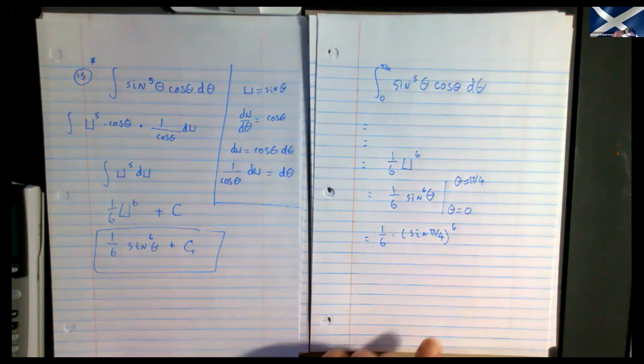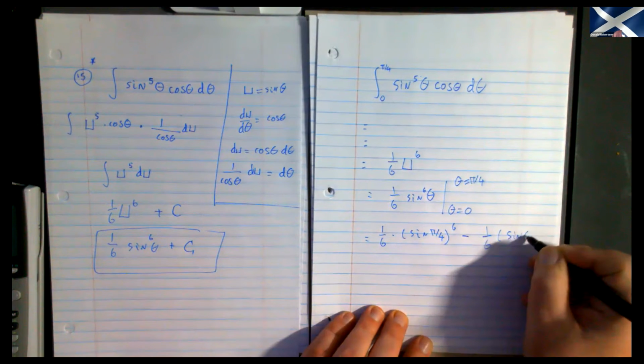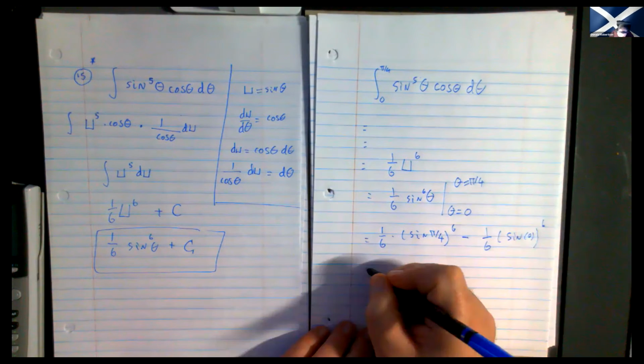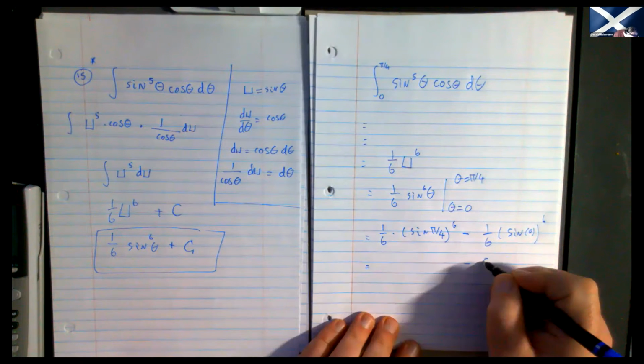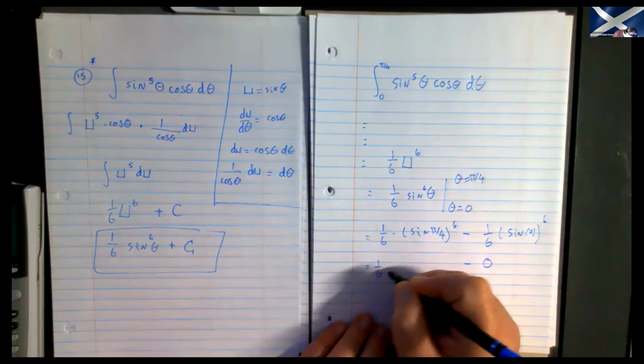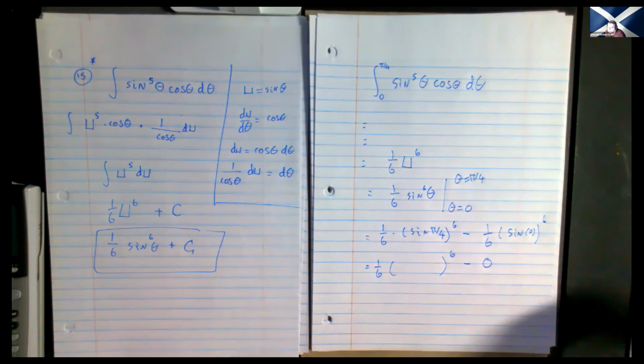Take away 1/6 the sine of 0 to the power of 6. Okay, sine of 0 is easy, isn't the sine of 0, 0? So everything here is going to be nothing. Now you need your unit circle by you for the test, or remember the little triangles I used?